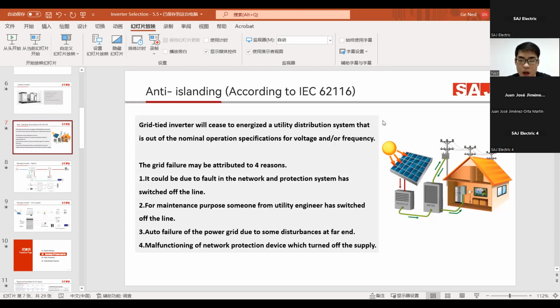So almost every country has local regulations based on IEC.